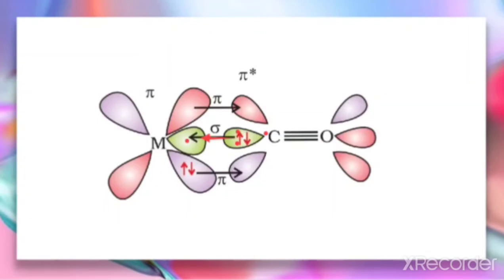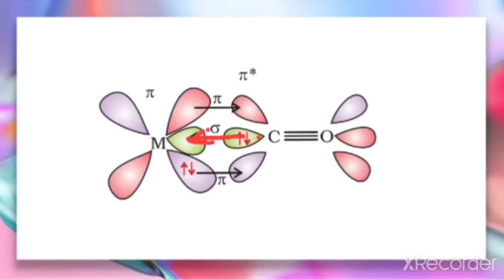Once again, as the carbon of a CO group has the lone pair, this lone pair is donated to the empty orbital of the metal atom. So it results in the formation of which type of bonding? That is sigma bonding. So there is a formation of an M-C sigma bond.